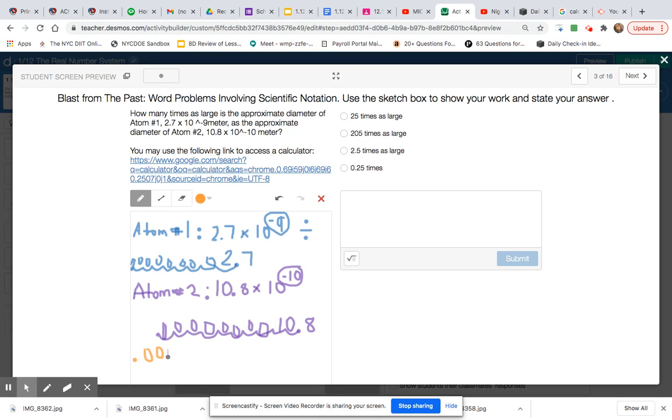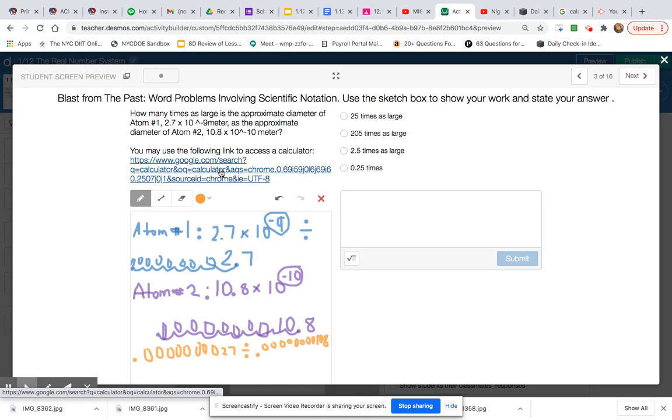So it's 8 zeros, and then 2, 7, divided by 0.0000000108, right? So you guys are not going to do this by hand.